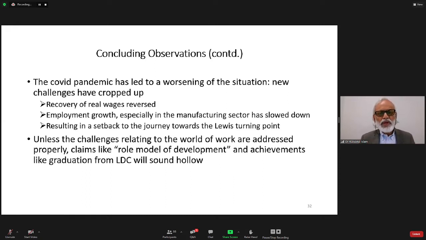So, the journey towards the absorption of surplus labor, improving the workers' lives and living conditions, those trends have been reversed. And unless these challenges are addressed properly, we can keep claiming Bangladesh to be a role model of development. We can take satisfaction from the so-called, we talk a lot about graduation from LDCs, but these claims will remain hollow. Thank you.